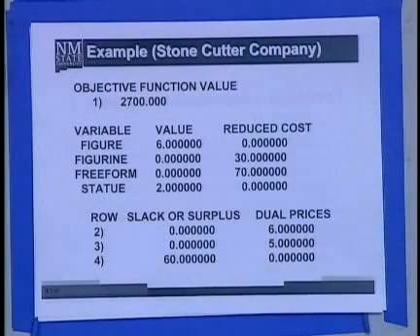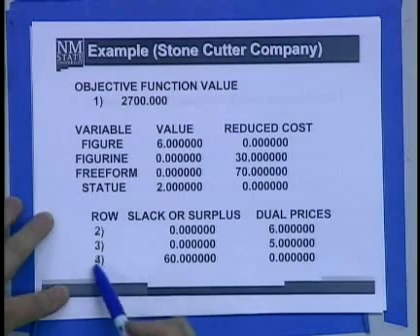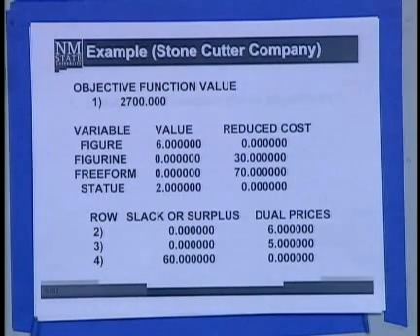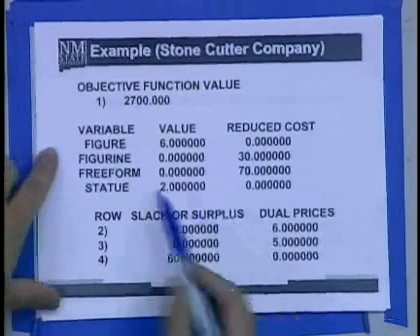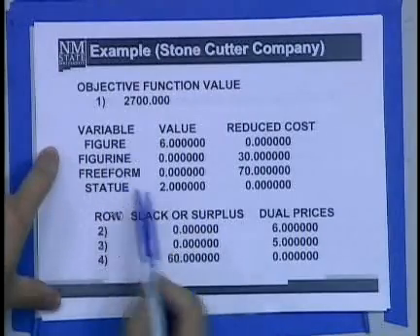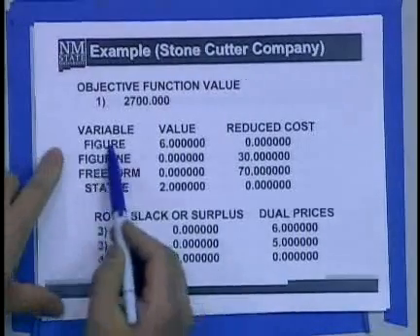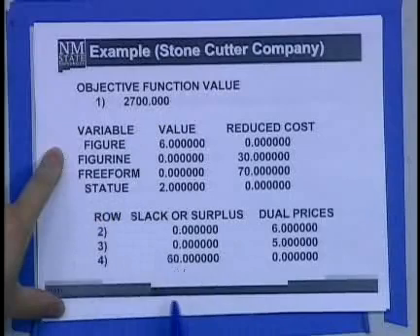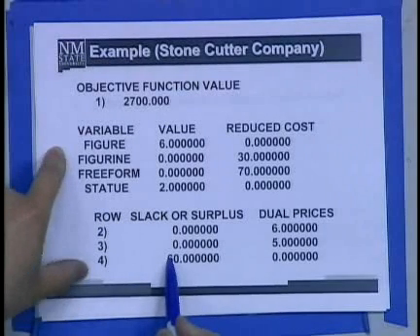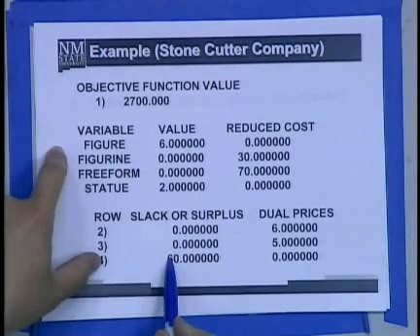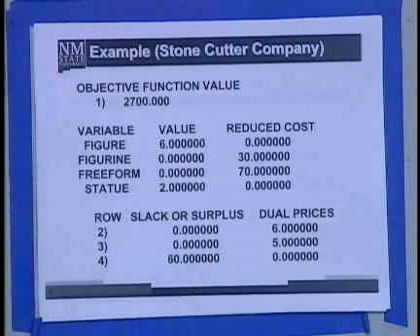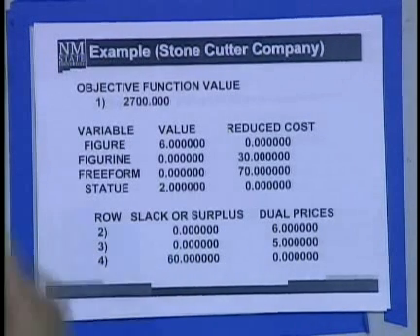How many constraints do we have? You have only 3 constraints, which means you must have 3 basic variables, right? Obviously, 3 variables have positive value: figure, statue, and the slack variable for the last constraint, right? So this solution is not degenerate. Okay?